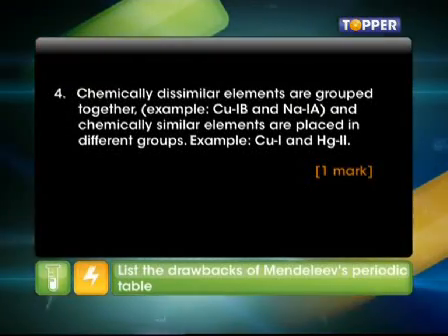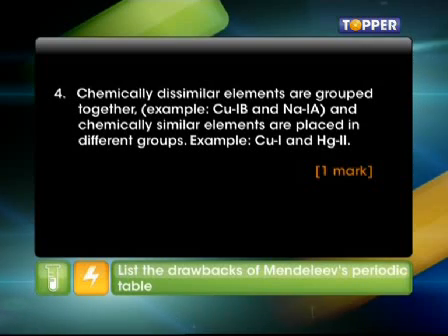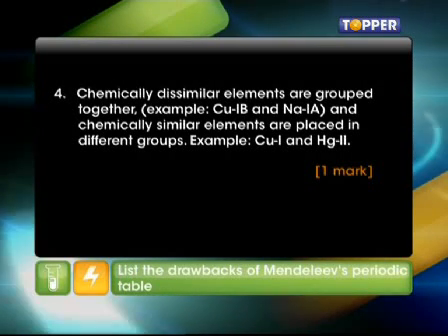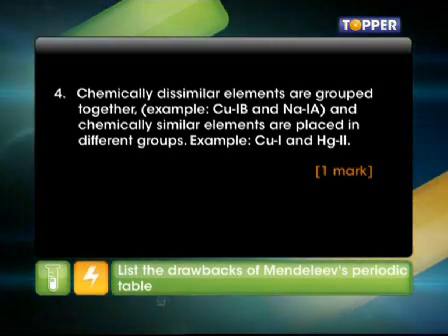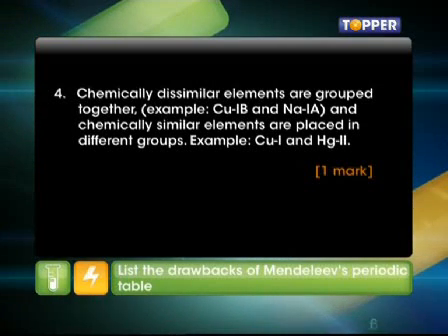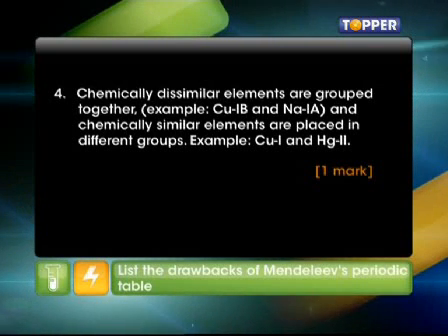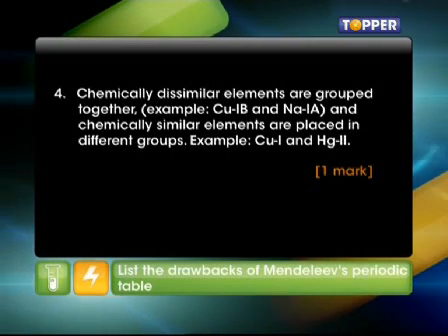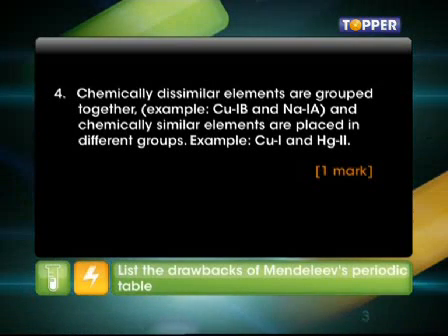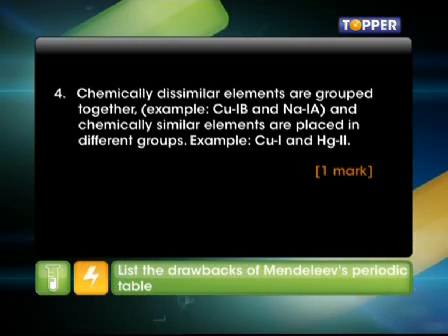Lastly, chemically dissimilar elements were grouped together like copper in 1B and sodium in 1A, while chemically similar elements were placed in different groups like copper in group 1 and mercury in group 2. This is the complete answer that totals up to 3 marks.